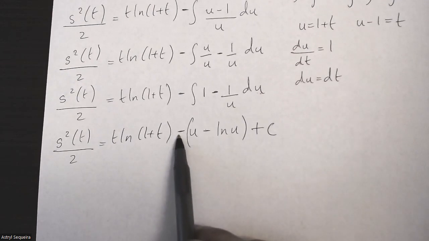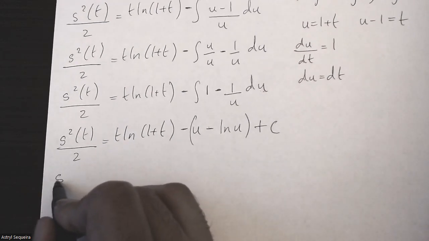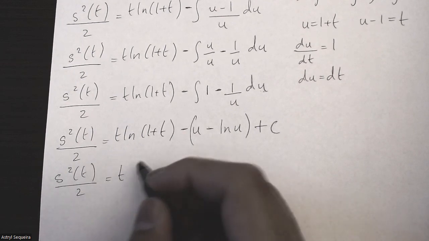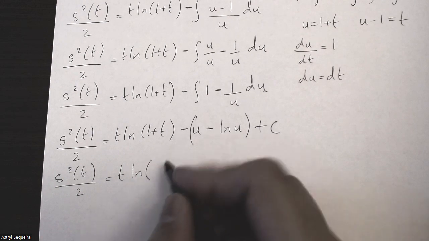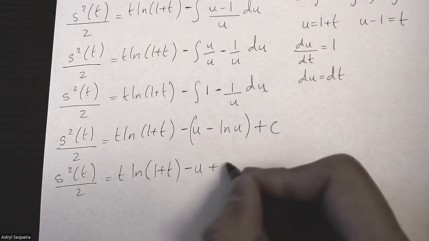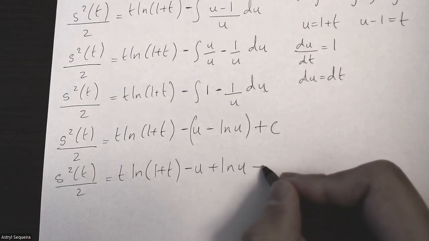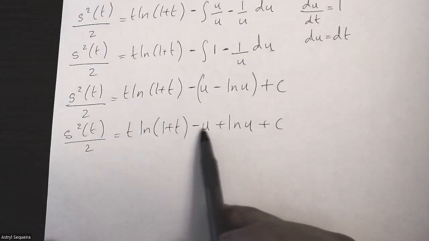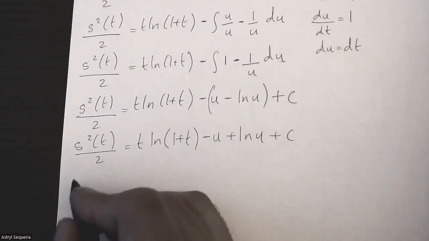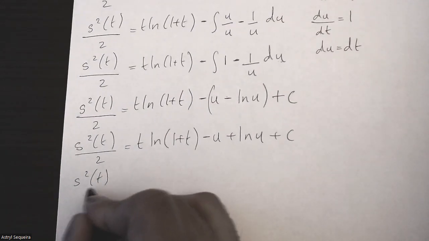Next step, I want to just distribute this negative into this bracket just to simplify things a bit. And then I want to replace my u's back with 1 plus t.